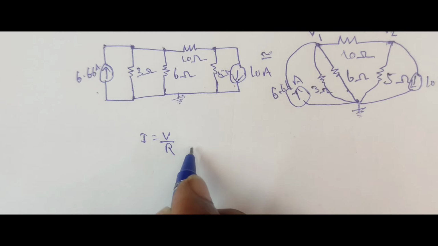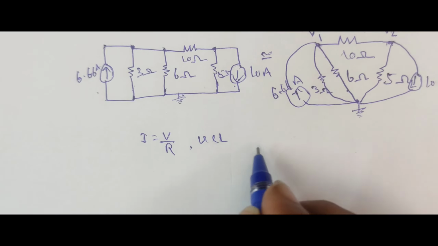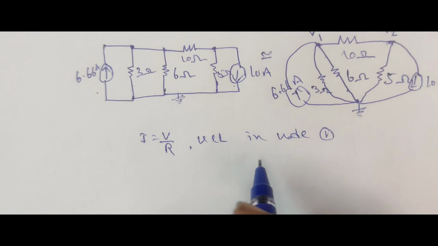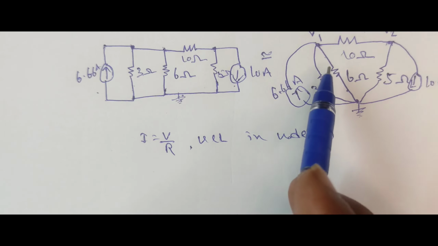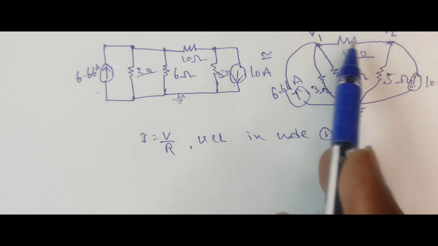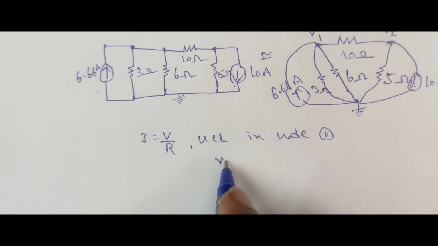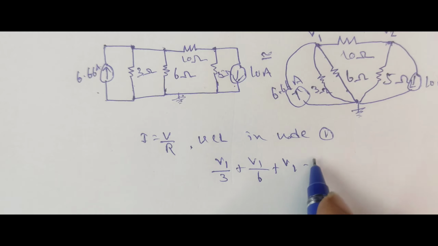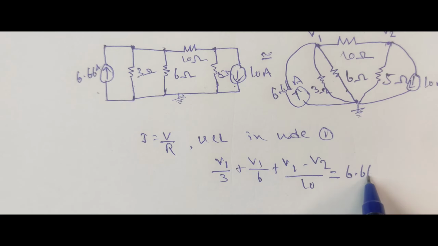Based on this rule, I am going to apply Kirchhoff's current law at node 1. At node 1 I have 3 resistances. These 2 are independently connected, and the third one is connected between the nodes. So for the independently connected resistances I write V1 by 3 plus V1 by 6 plus, for the resistor between nodes, V1 minus V2 by 10, and here we have a source with value 6.66.